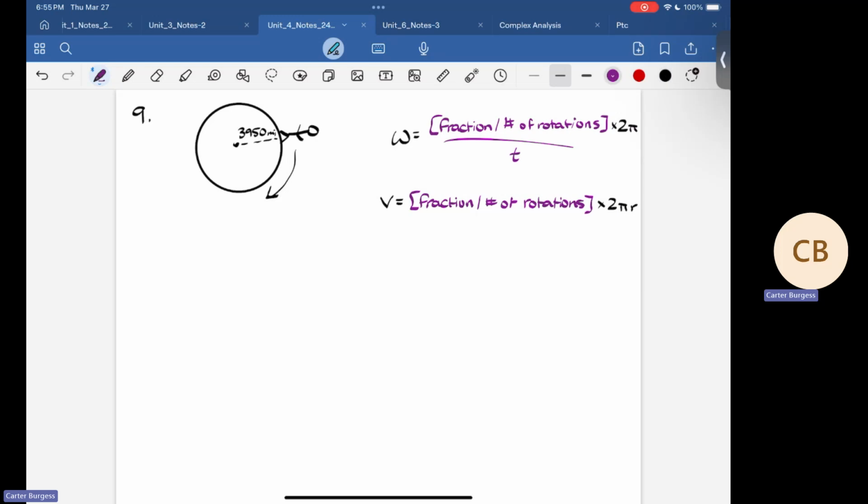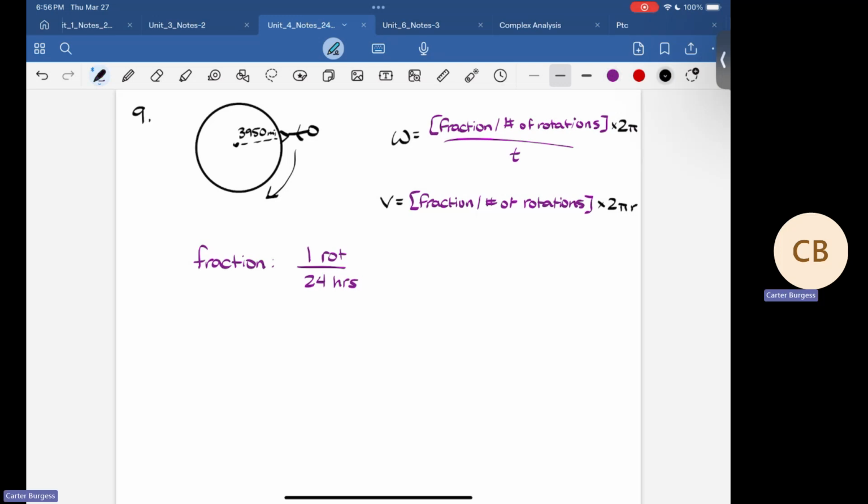In this case, because we are talking about Earth's rotations, our fraction is going to be the fact that we rotate once every 24 hours. Not the only way to do this, but a pretty good way, particularly if we are looking for miles per hour, which I do not specify in the question, but certainly could.